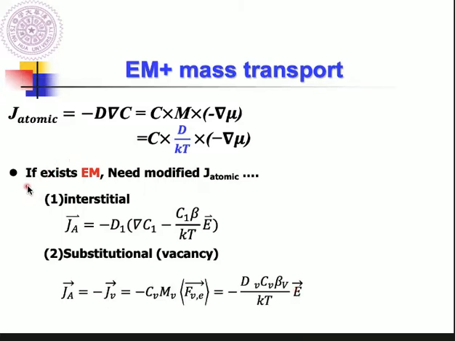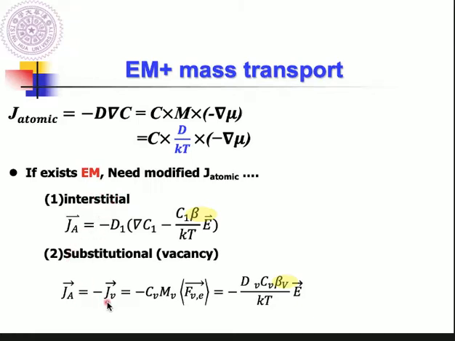So let's make a summary for the electrical field part. In addition to ionic material, if you put more effort on the metal part, you need to separate it into two sections. The first one is the interstitial diffusing atom, and the second one is the substitutional atom. The flux can be expressed with the diffusivity and the driving force here. For the substitutional part, because it is pure metal, it is very difficult to label the diffusing atom.